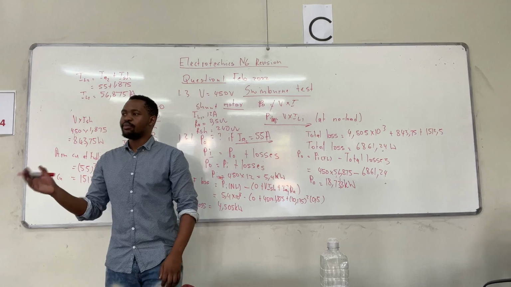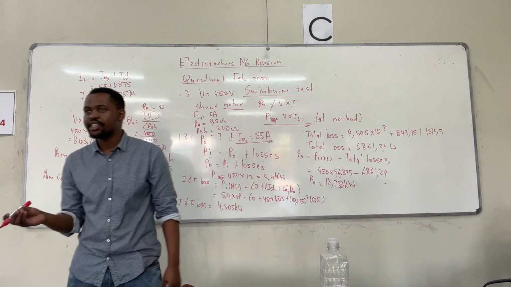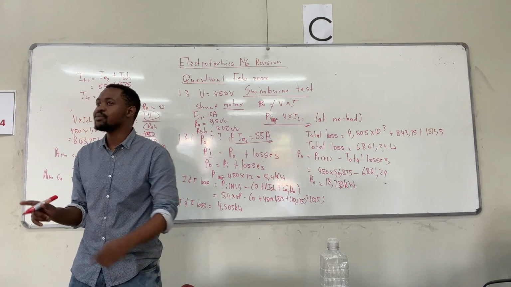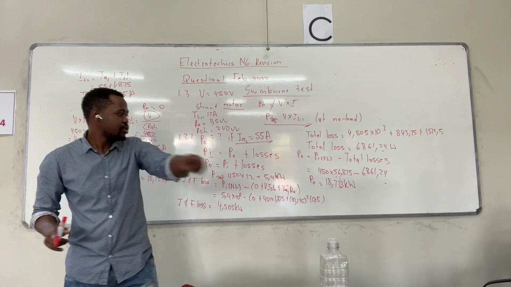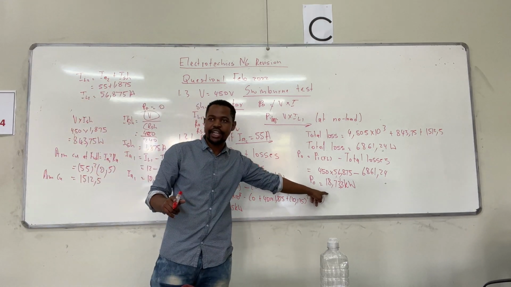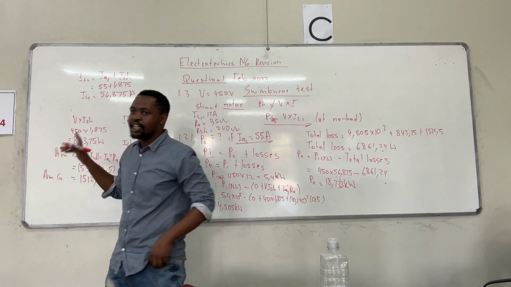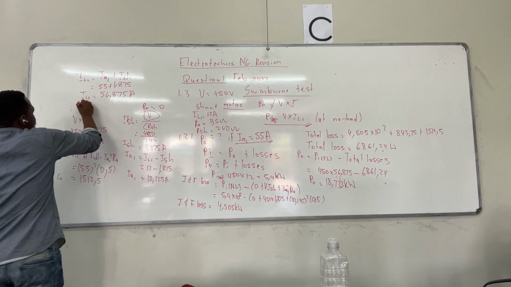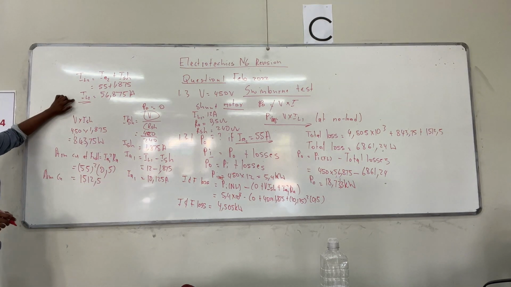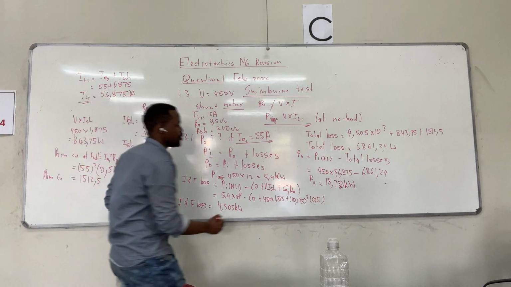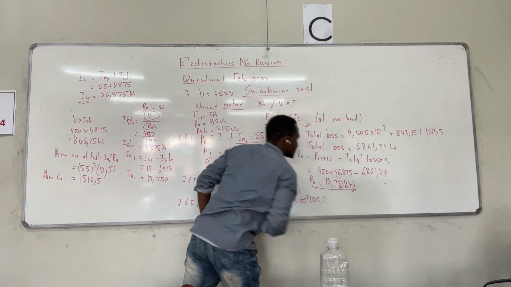So guys, the armature current wasn't changed. You must be very careful, sometimes they will change it. That means you have to calculate the output power again, because if they changed the armature current, the output at load changes. Still, that's 55.